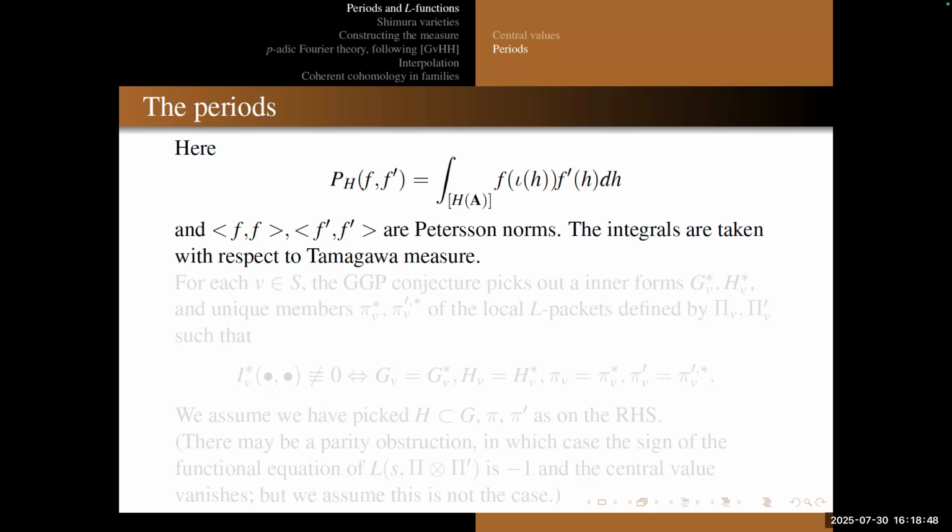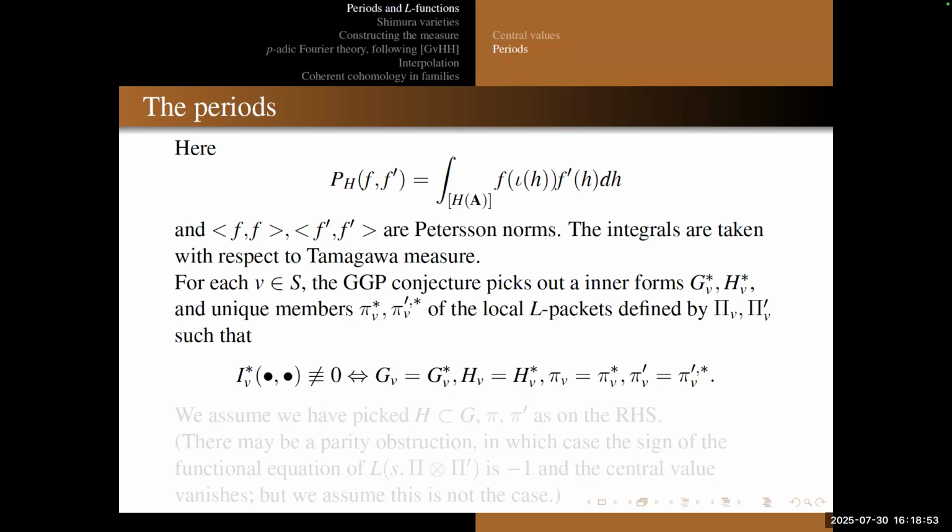But you had to pick out a specific unitary group. So the local Gan-Gross-Prasad conjectures tell you that this is only interesting if you choose the right specific unitary groups. Otherwise, you get zero. And how can you possibly get zero on both sides?